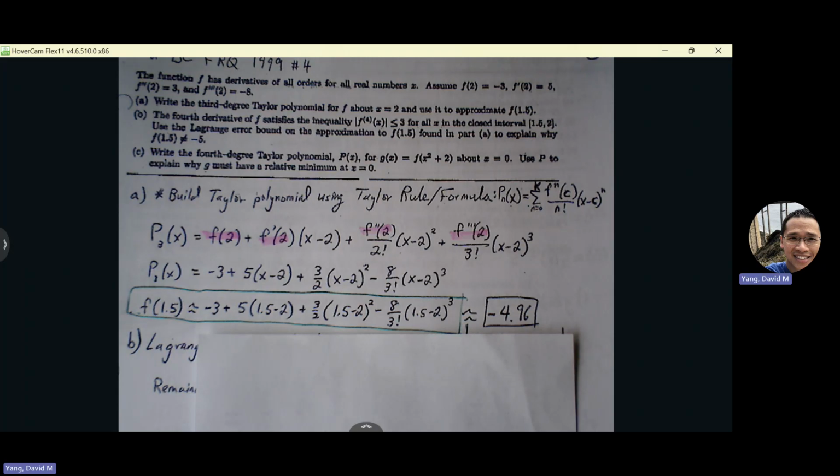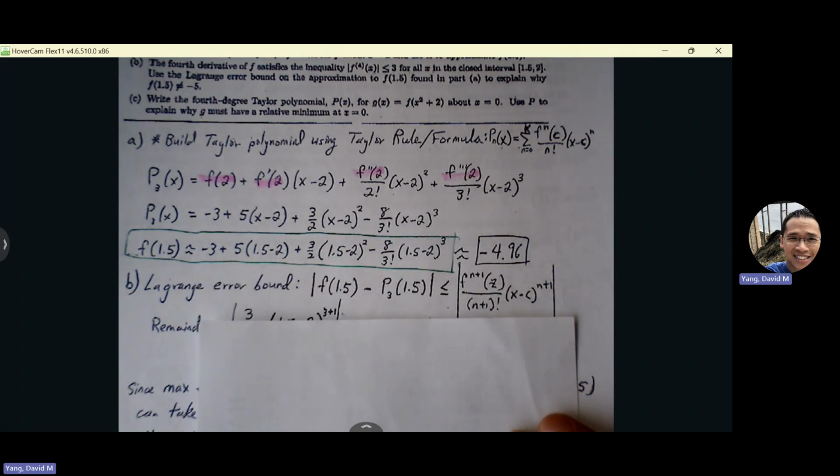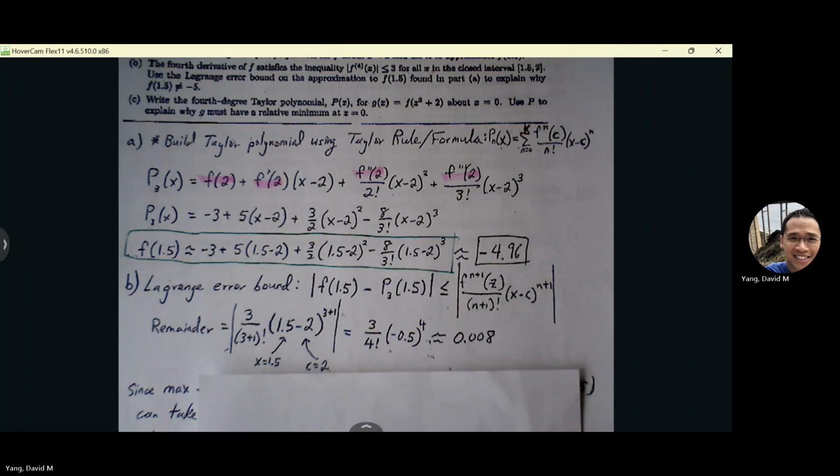So we get our maximum error. The maximum of the fourth derivative evaluated at z over 4 factorial, times 1.5 minus 2 to the fourth. And that error, the worst case scenario for the accuracy of that polynomial, is off by no more than 0.008.